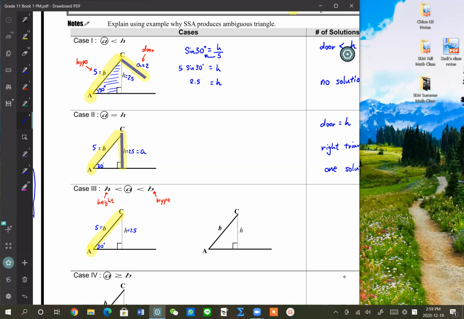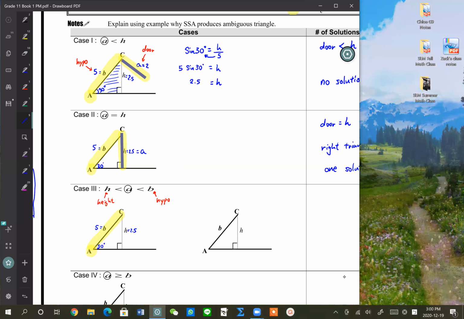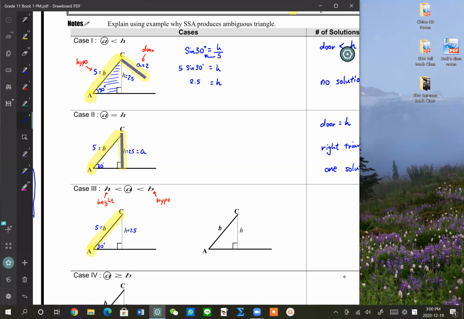Oh yeah, I'm there. We want a number that's between height and hypotenuse. Okay, let's do Tina. 3, yes. Okay. 3 is between 2.5 and 5. So we'll pick 3.